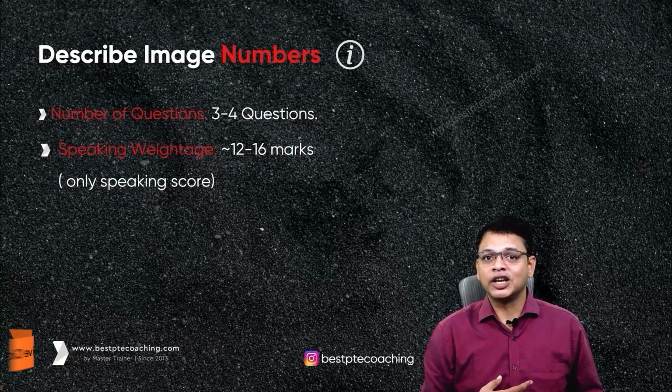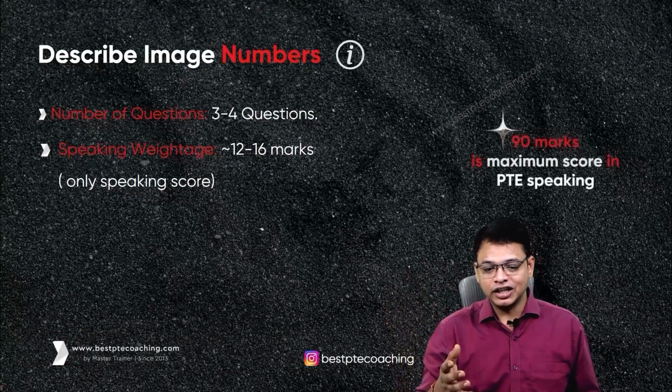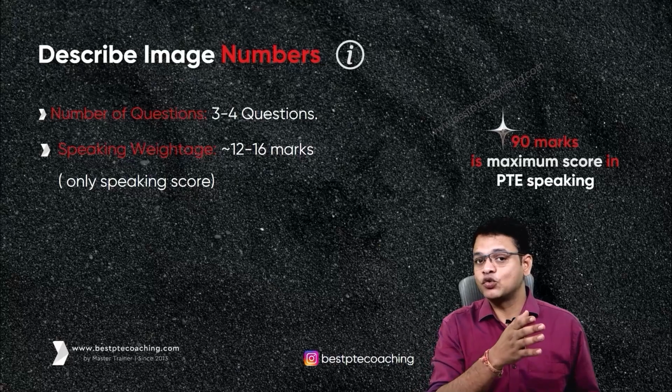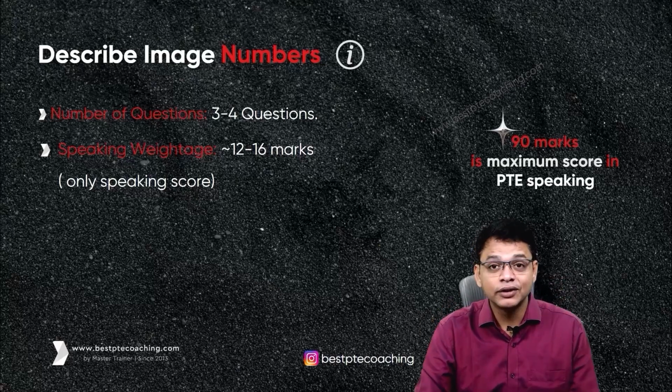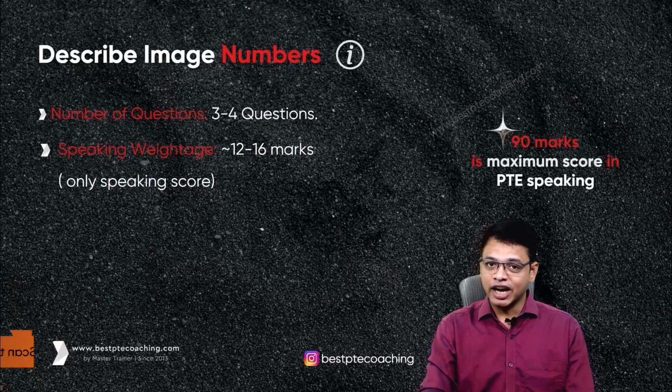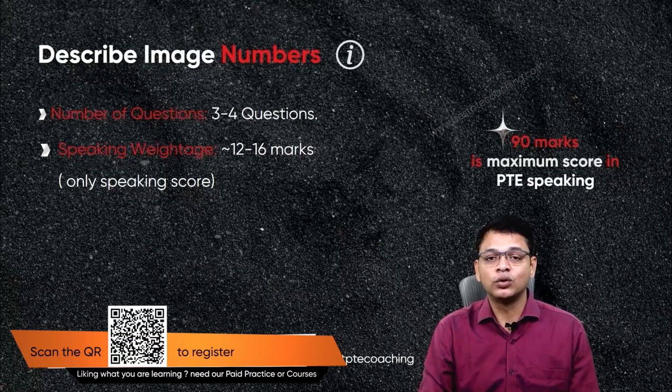The maximum score in speaking is 90, and in that 90, the contribution of describe image is approximately 12 to 16 marks. And again, I'm telling you, describe image is a speaking-only task. It doesn't give you score elsewhere.